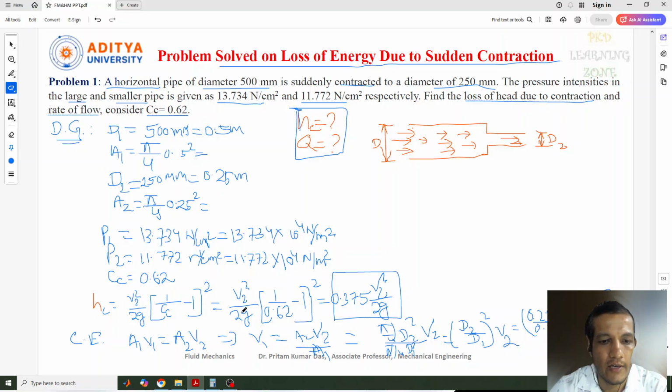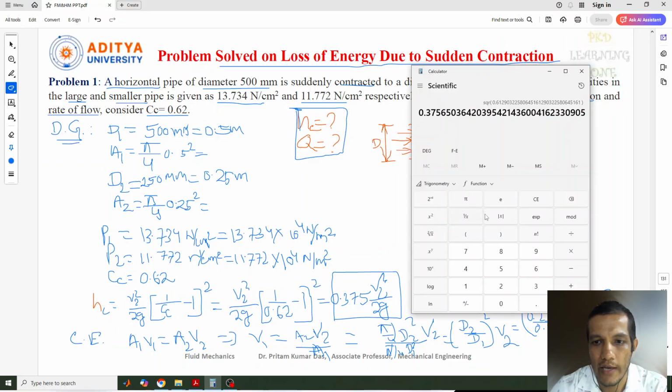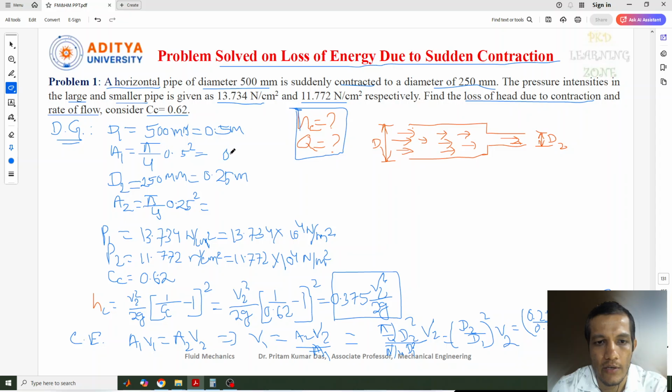Now again, one more value is there, A1 and A2. Let's find this: pi into 0.5 into 0.5 divided by 4, so 0.196 meter square.